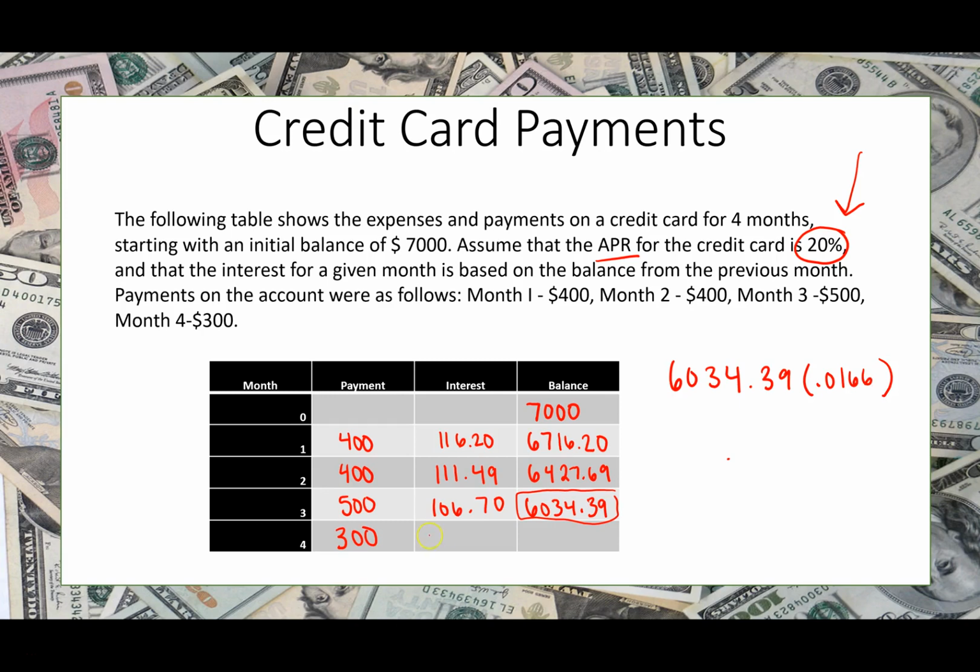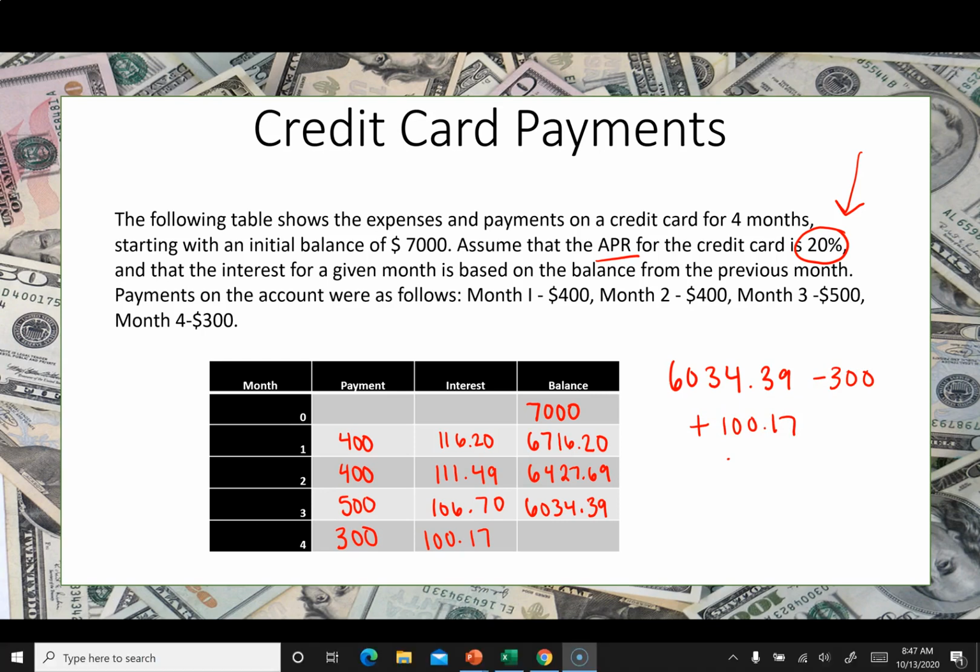So this last month I have an interest of $100.17. All right, so our total balance is going to be our previous, which is $6,034.39, and then I'm going to subtract my $300 payment, and then add back my $100.17 of interest.